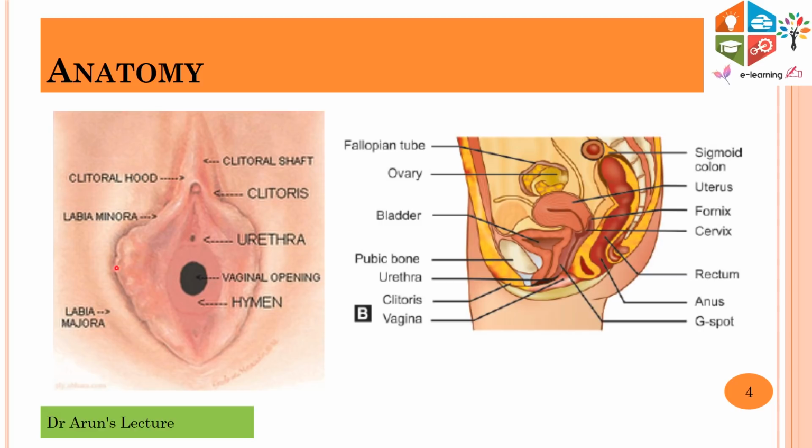They meet at the anterior aspect at the anterior commissure, and they meet at the posterior aspect near the anal region at the posterior commissure. In a virgin, the labia majora are thick, firm, elastic, rounded and lie in opposition, and they almost close the vaginal orifice. That is about labia majora.